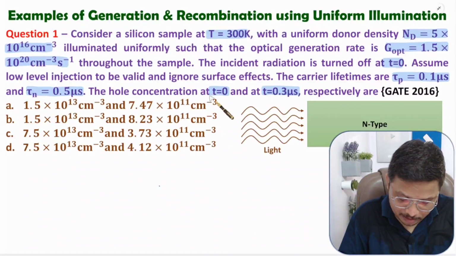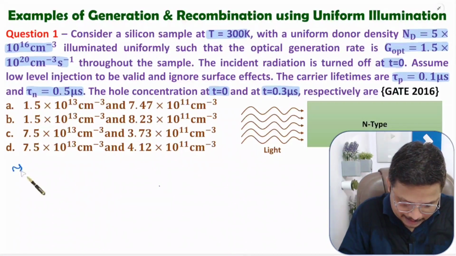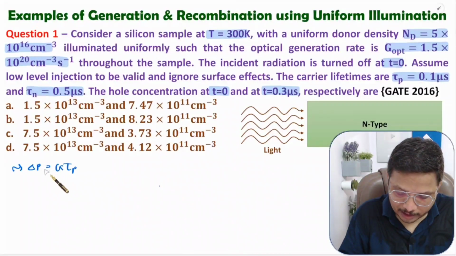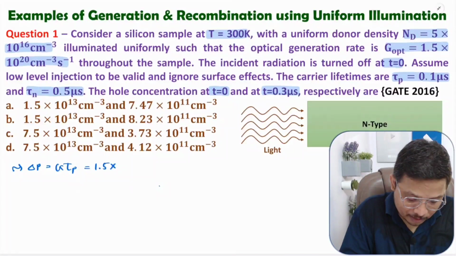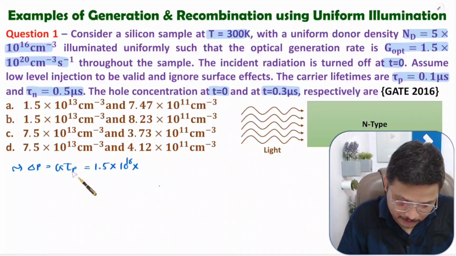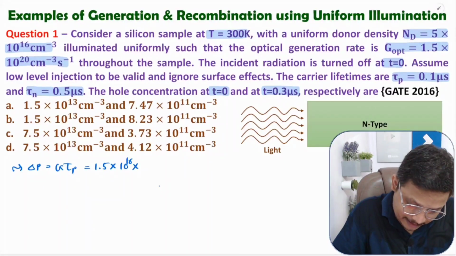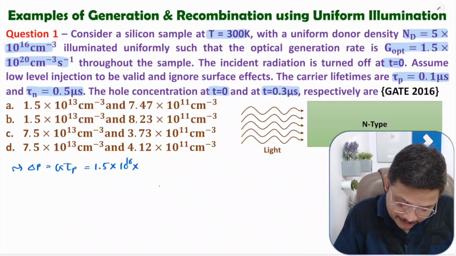So the first question is what? Concentration of holes at T equals 0. How to identify that? See, that is quite simple. Delta P is equal to generation into lifetime of holes, as we are talking about holes over here, right? So optical generation is 1.5 into 10 to the power 20, into the lifetime of holes, that is 0.1 microsecond.